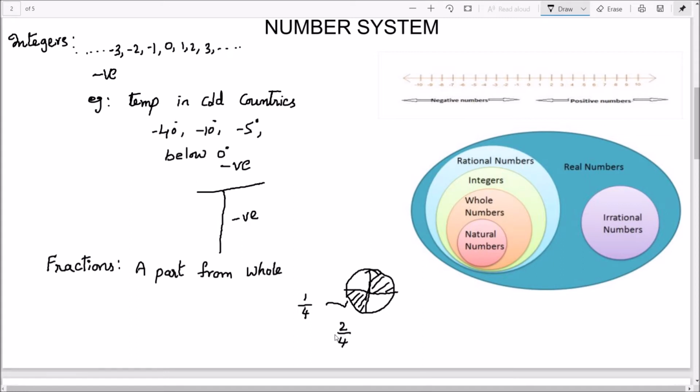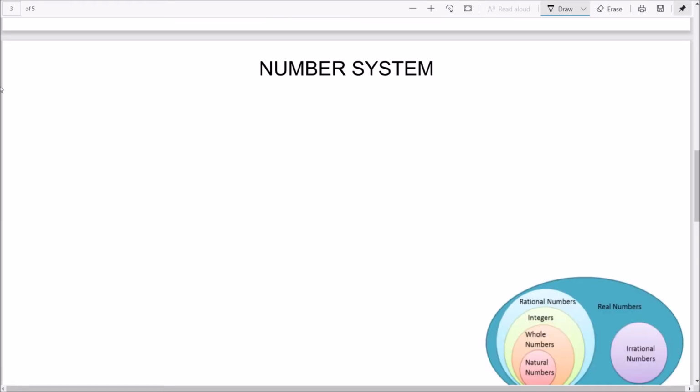So all these, 1 by 2, 1 by 4, 2 by 4, 3 by 4, 8 by 11, 13 by 15, are fractions. To represent these types of numbers which are not there in previous number systems, we use rational numbers.